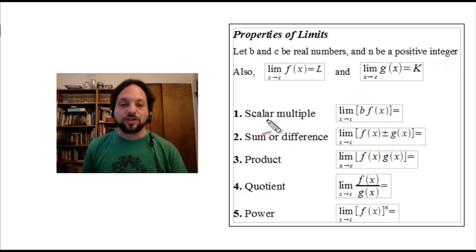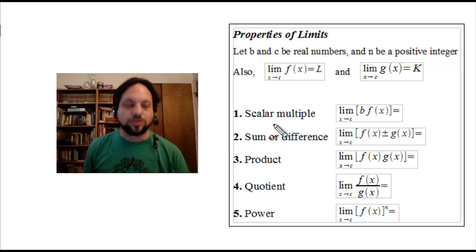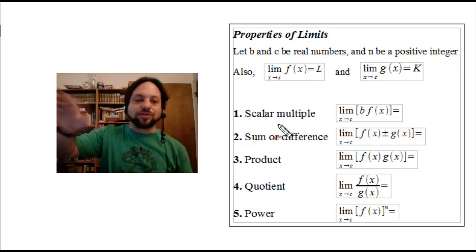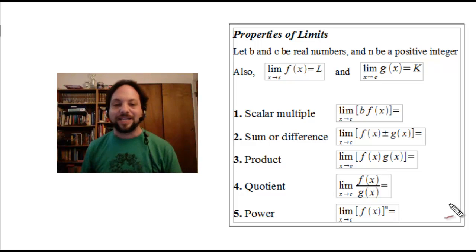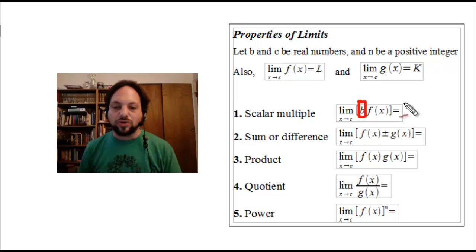So let's take a look at our first property here, the scalar multiple. You saw an example of that when we were doing example D, where we pulled that negative 1/4 out, handled the limit, and then just multiplied at the end. If we have a scalar multiple, which we're going to call b, multiplied by a function, all we really need to do is just pull that b out front.